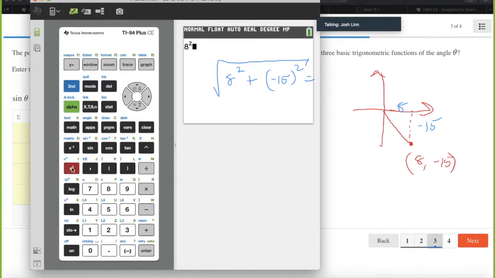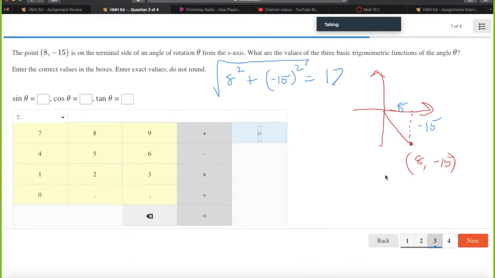I'm kidding, I don't know any of those. You'll notice I'm just dropping the negative sign because when it's squared, it doesn't matter. So I'm going to find the square root of our answer, and that is 17.